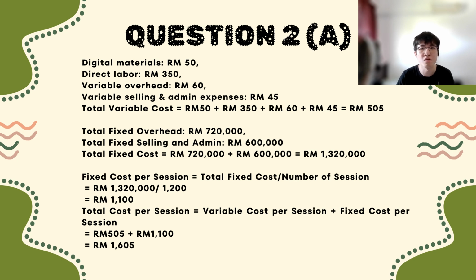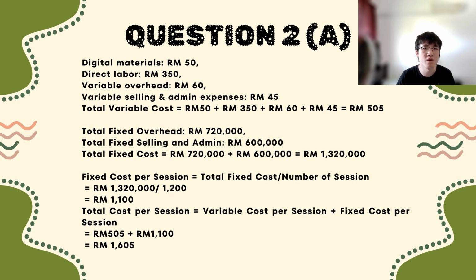These are the costs incurred for every single section based on the data we have. Digital materials at 50 ringgit, direct labor at 350 ringgit, variable overhead at 60 ringgit, and variable expenses at 45 ringgit. When we sum this up, the total variable cost is 505 ringgit per section.